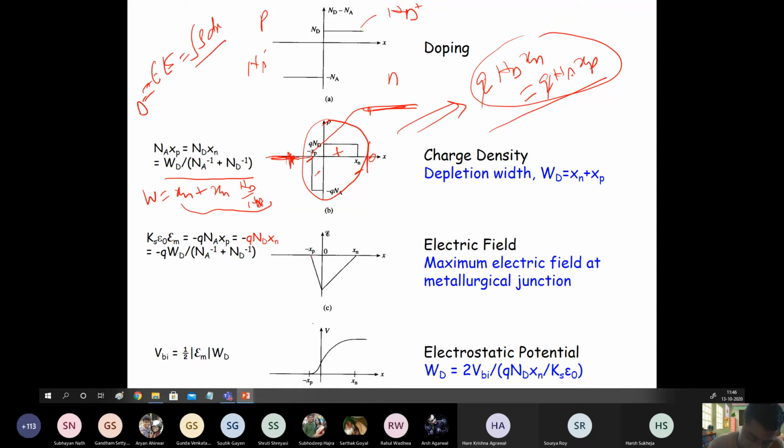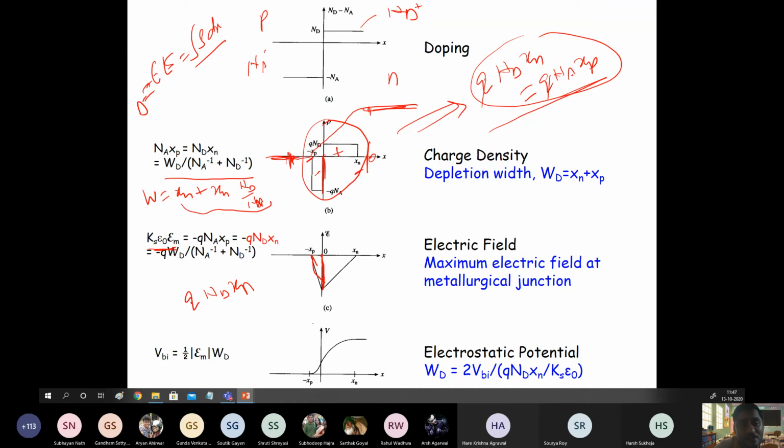The field will vary linearly here, but if you want to calculate the field at the metallurgical junction, it's fairly simple because the total charge enclosed is Q Nd times Xn, or Q Na times Xp, both are equal. And that should be equal to epsilon E. Epsilon can be written as the dielectric constant times the permittivity of free space. So that gives another relationship.